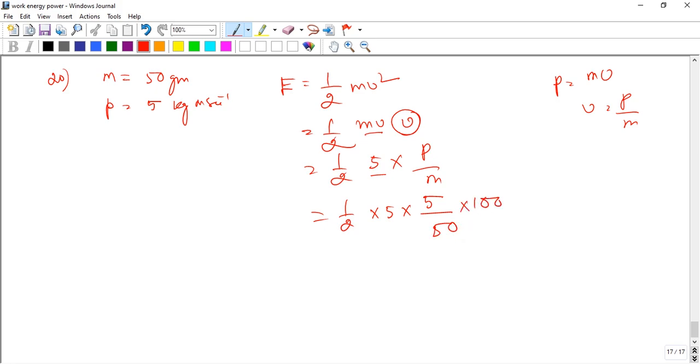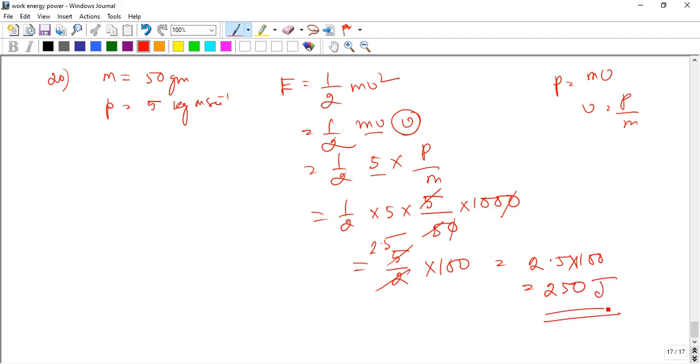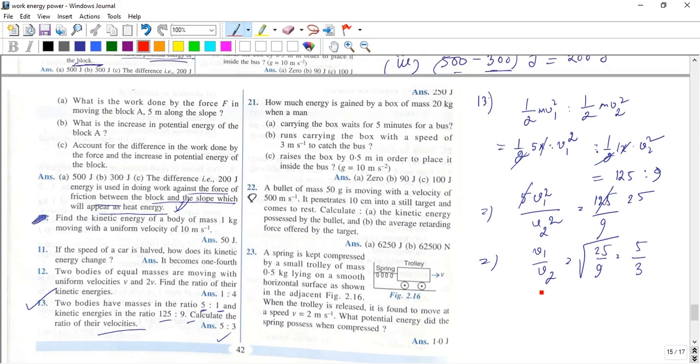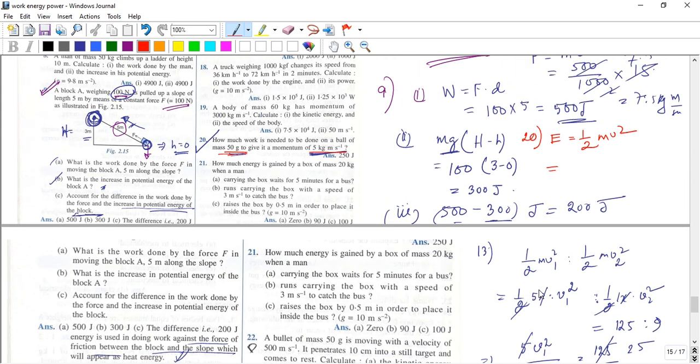Convert to kg, SI, 50 by 1000, 0.05. 5 by 2 into 100, that is 2.5 into 100, we get 250 joule. As a result, we get 250 joule. Very easy.